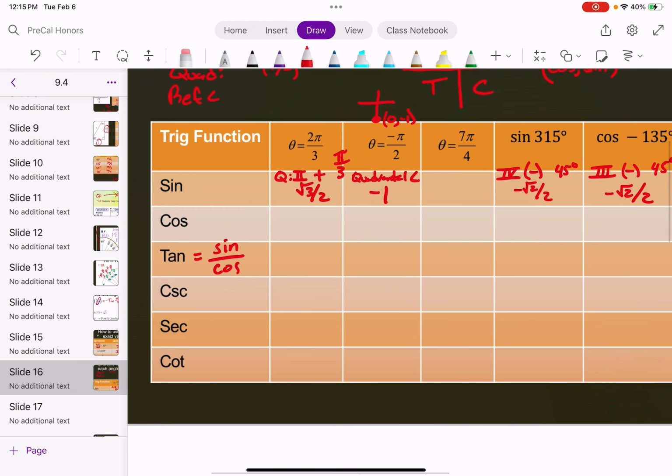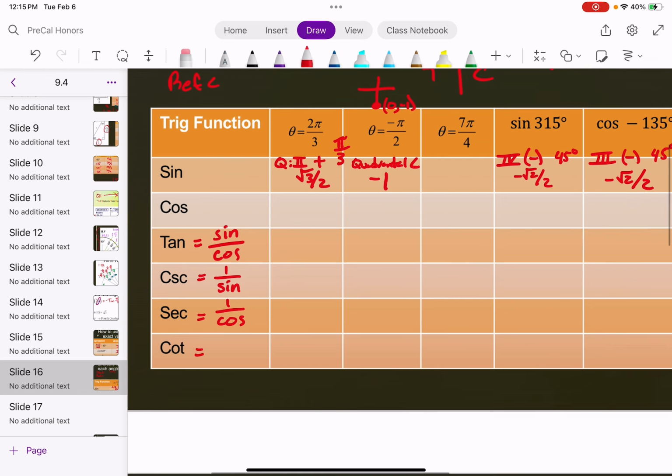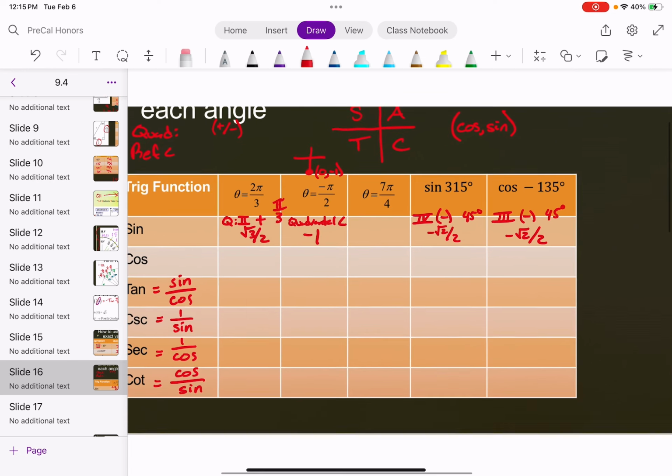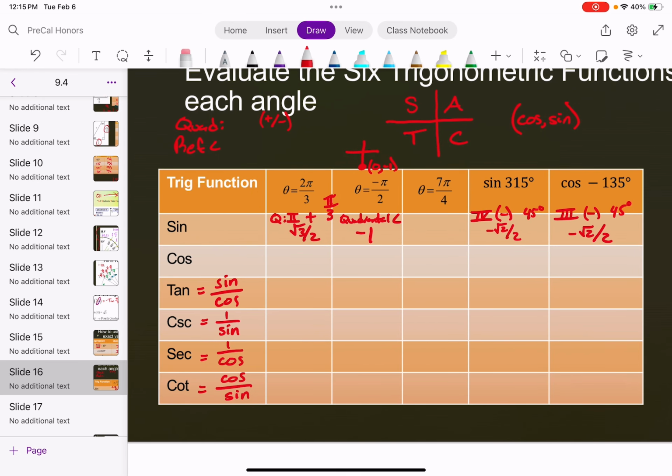Cosecant is 1 over sine. Secant would be 1 over cosine. And our cotangent would be cosine over sine. The same can be repeated throughout the entire slide.